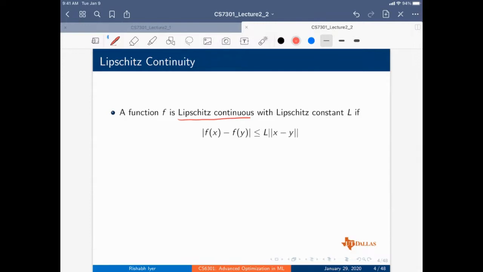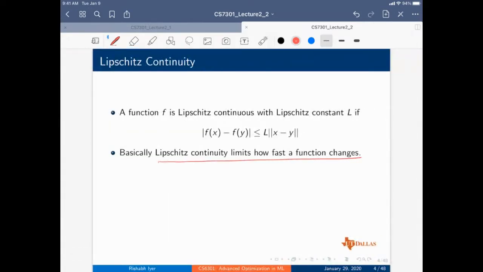Essentially, f is Lipschitz continuous with Lipschitz constant L if the absolute value of f(x) minus f(y) is bounded by L times the norm of x minus y, where x and y are vectors in R^d. So essentially, Lipschitz continuity limits how fast the function changes.